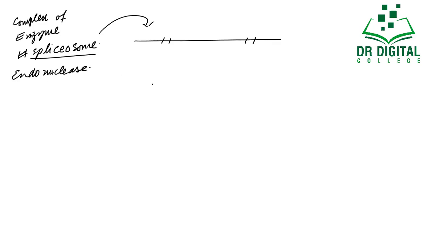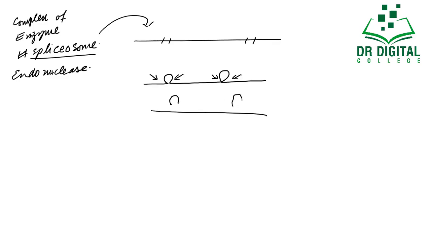How will it remove it? This intron will loop out, and here it will be cut with the help of endonuclease. So that this is here your final RNA and these are the introns cut and removed.